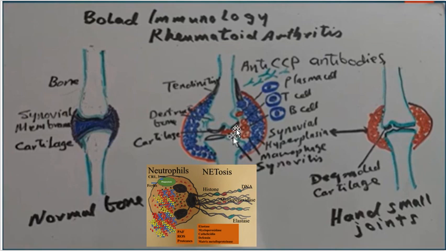the synovial membrane. Also, neutrophils, when they come here, will send out some fibers or filaments known as neutrophil extracellular traps. And these neutrophil extracellular traps trap all non-self materials, whatever they are, microorganisms or debris or dead tissues.